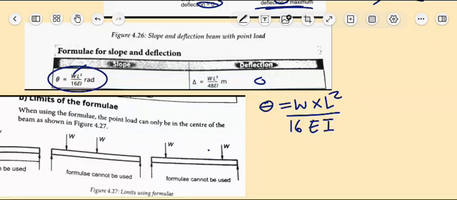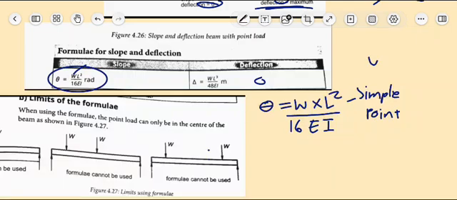Take note that it's I. This is how we calculate the slope for a simply supported beam with a point load or concentrated load, not a UDL.